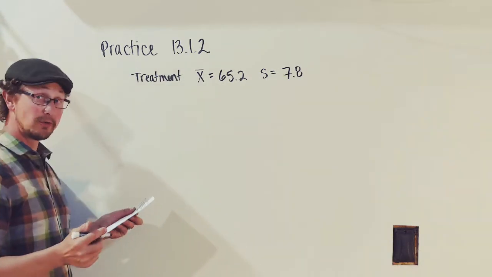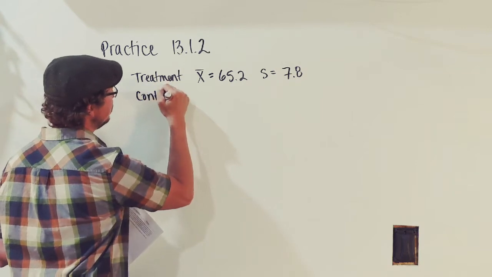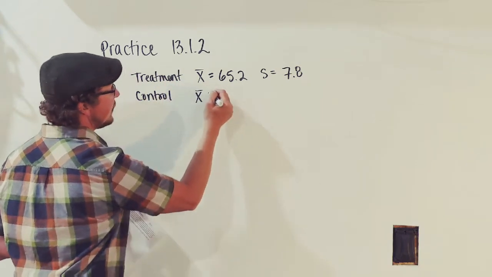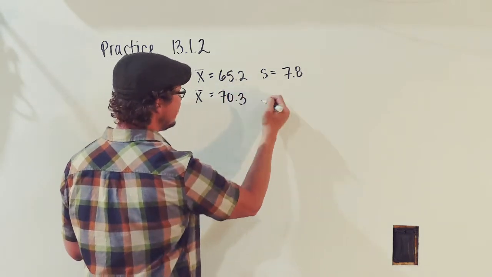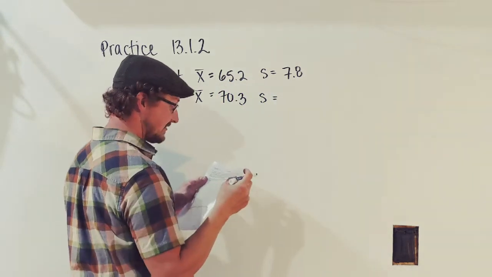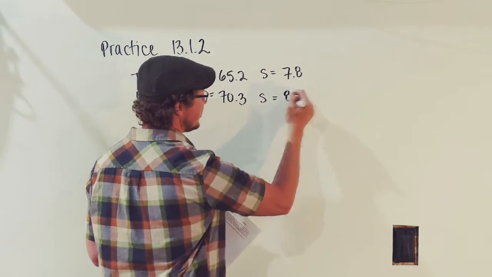The control group, that is the group that took the placebo, we'll call that the control, had a heart rate of 70.3, which also had a standard deviation. That's a sample standard deviation of 8.3.